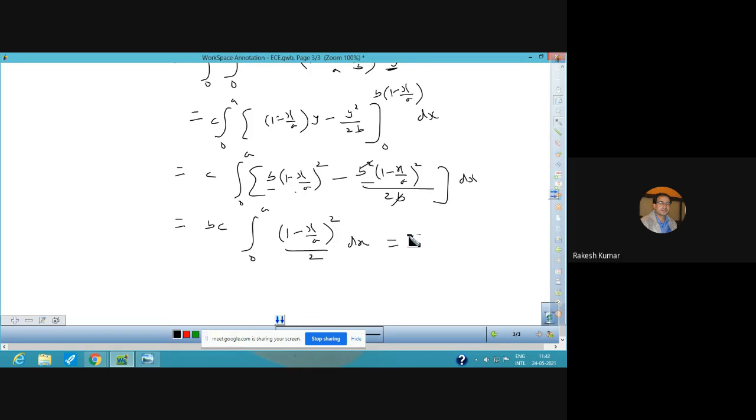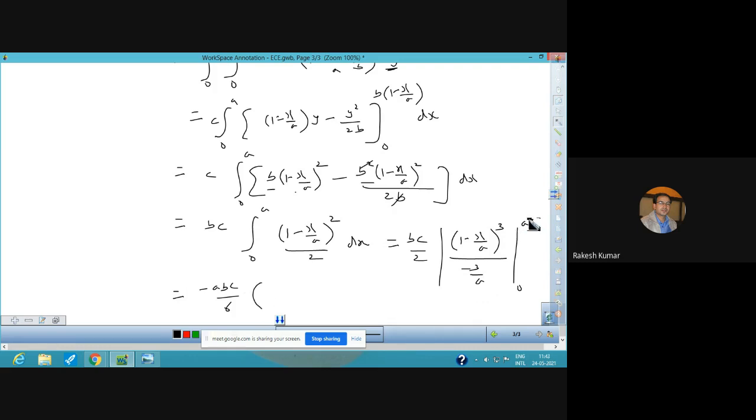Now 2 can be taken common. Integration is with respect to x. So you will have 1 minus x over a whole cube upon minus 3 over a, because the derivative will be there in the denominator, from 0 to a. Now minus 3 over a can be taken to the numerator, so minus abc over 6.